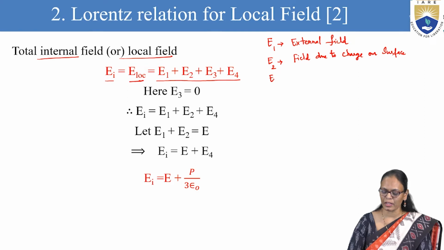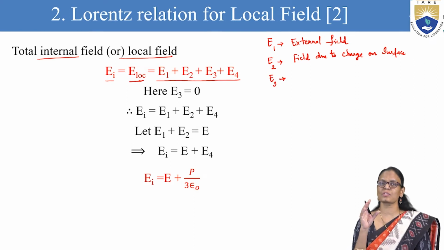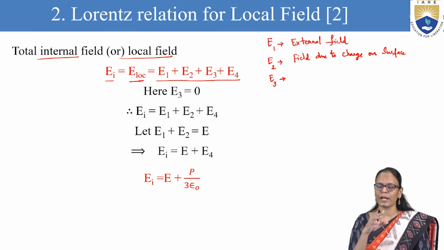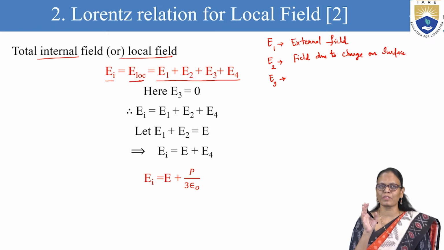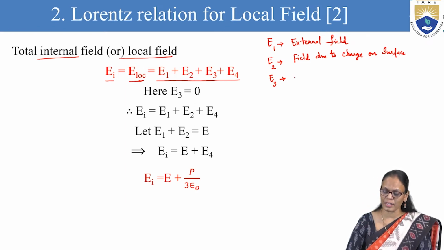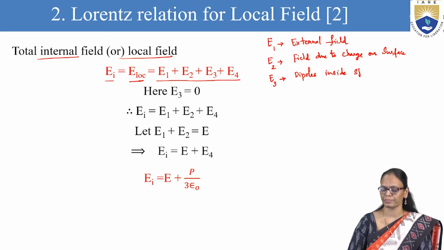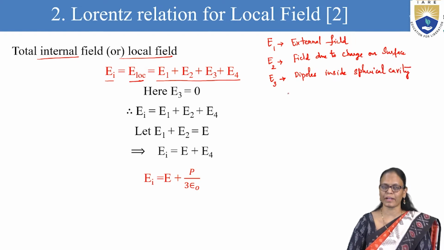And E3: if we are taking a small spherical cavity inside the dielectric, all the dipoles are arranged in random motion and the dipole moment will be 0. So E3 is generally 0, which is due to the dipoles inside the spherical cavity.